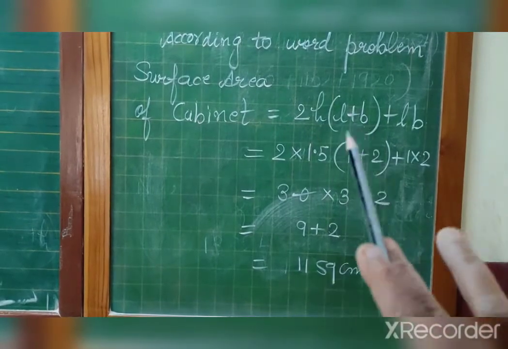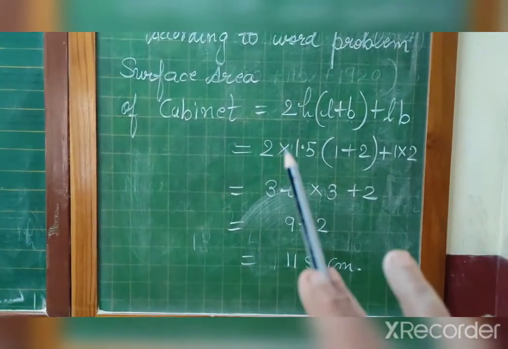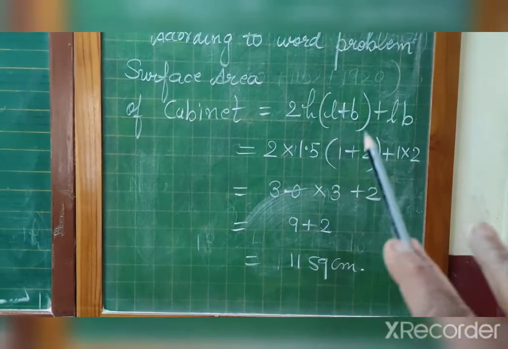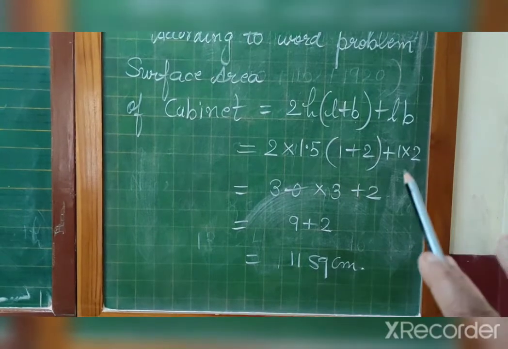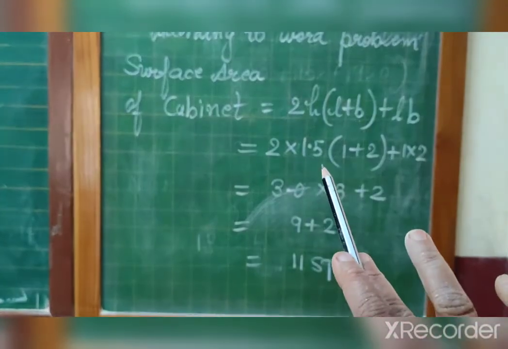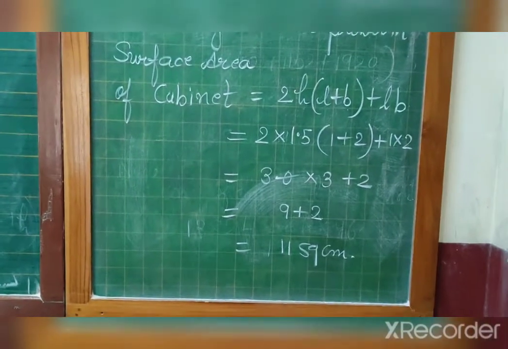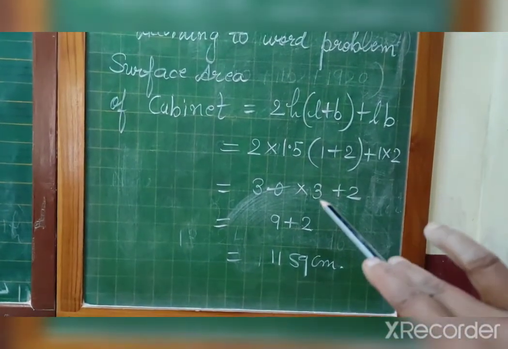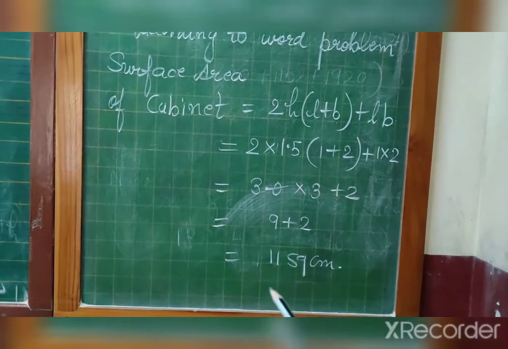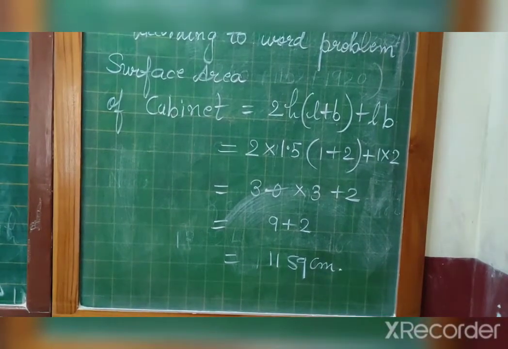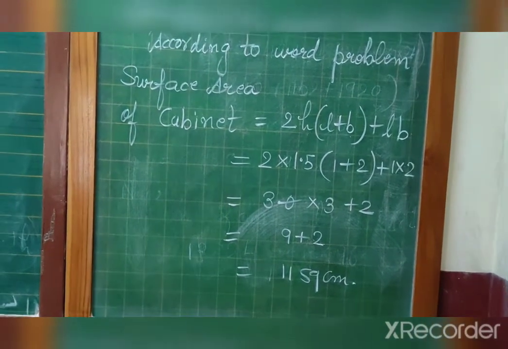So 2H into L plus B plus L into B for top. So 2 into 1.5 into L plus B, that means 1 plus 2, plus 1 into 2. 15 2s are 30, and before 1 digit we will put a decimal, so 3.0 into 3, that is 9, plus 2, 11 square meter. The answer will be in statement form. Also you will write the answer.